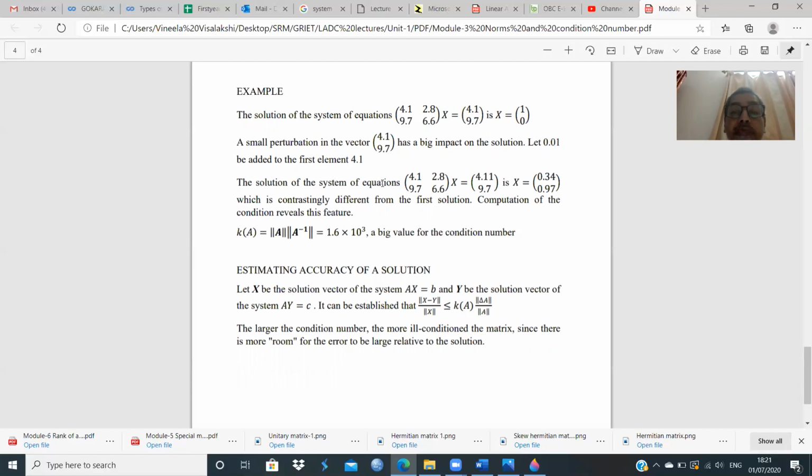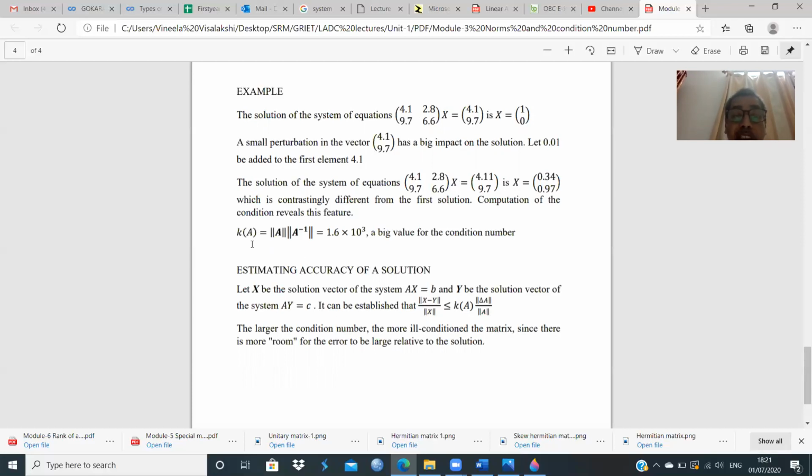Now the system appears almost the same, but the right-hand side constant vector is now 4.11, 9.7. If you solve the system of equations, you get an output 0.34 and 0.97, which is completely at variance with the previous solution.